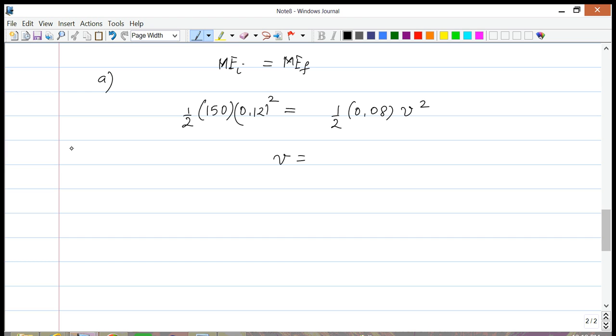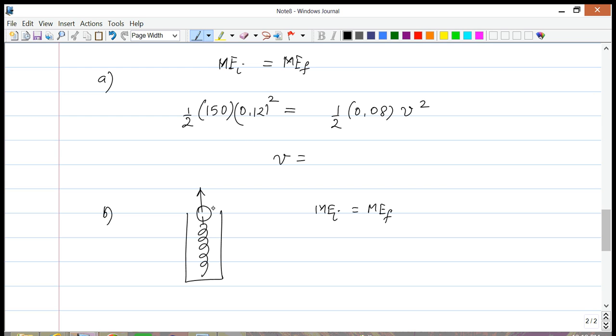In the second part, what it says is now the same ball, instead of being shot horizontally, is going to be shot vertically. So you have the ball and it's going to be shot vertically, and the question is how high does it go. Okay, so once again we're going to use MEI equals MEF.